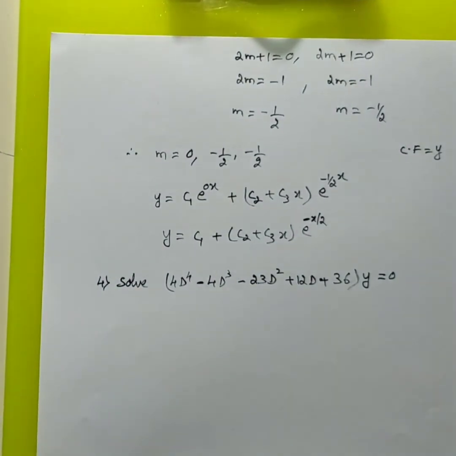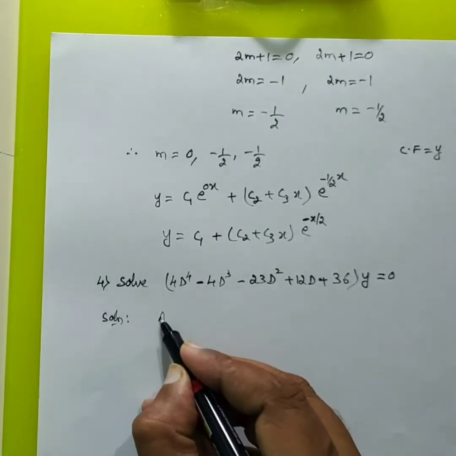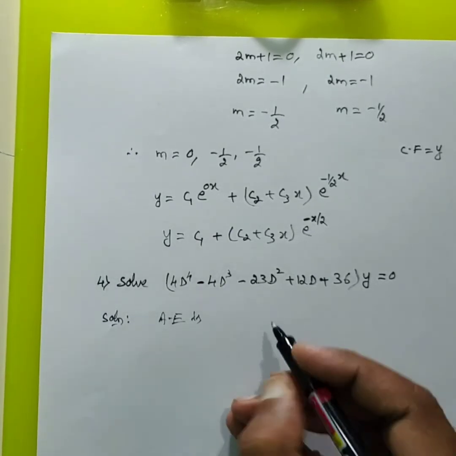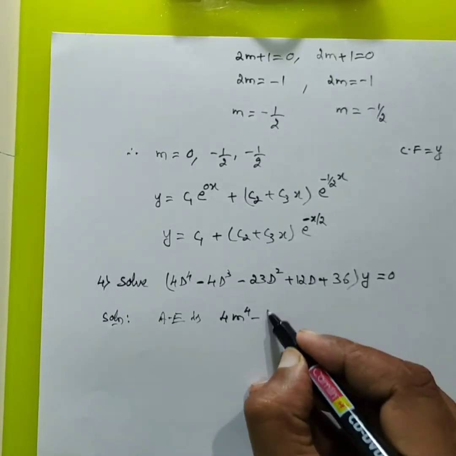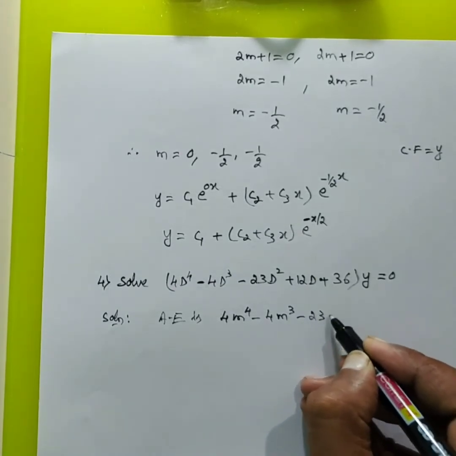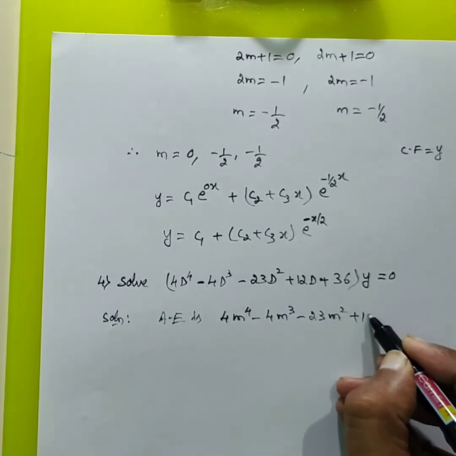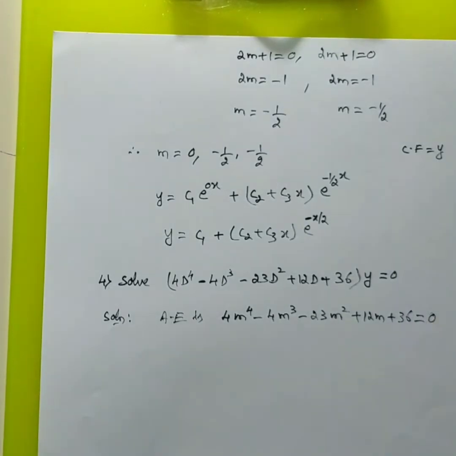It is a fourth order differential equation, so let us write down the auxiliary equation: 4m power 4 minus 4m cubed minus 23m squared plus 12m plus 36 equals 0.